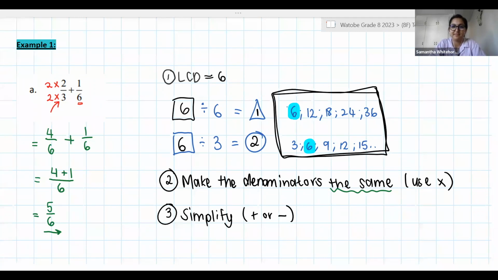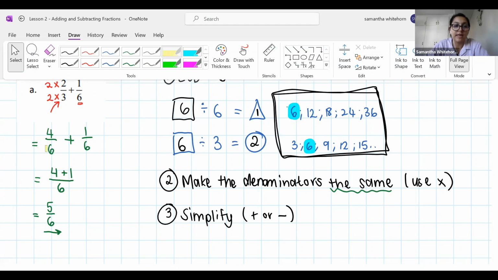Ma'am, what I don't understand is that, what I do, I take 2 and add 1, and it goes to 3. But I don't know how we got here when we say 2 times 2 and 2 times 3, ma'am. Okay, so remember, you can't add 2 plus 1 unless you have a common denominator. So you can only add once your denominators are the same.